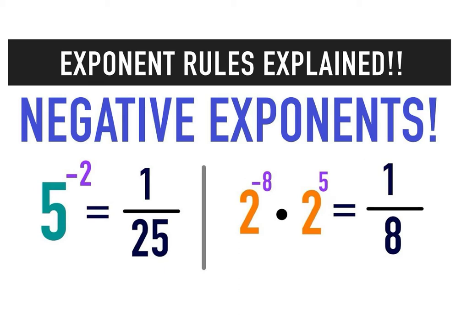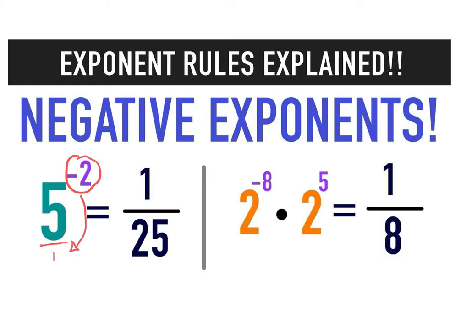Remember that whenever we are talking about whole numbers, we can have an imaginary number 1 underneath the whole number. Because I have 5 to the negative 2, this negative is going to move it down to the imaginary spot underneath, the bottom, and it's going to create a fraction.